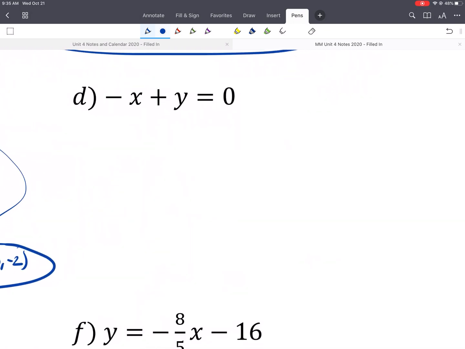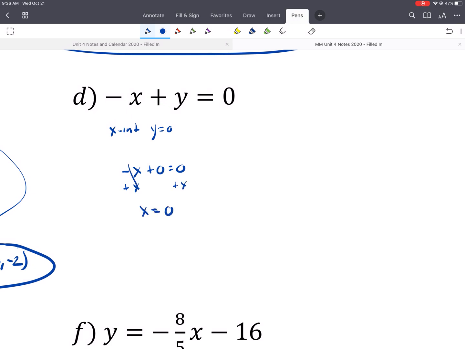All right, hopefully you gave that a try. Okay, so again, we want to find the x-intercept. We set y equal to 0, so we'd get -x plus 0 is equal to 0. Okay, and maybe we would add x to the other side, and we'd end up getting x is equal to 0.